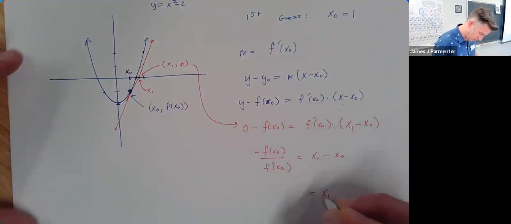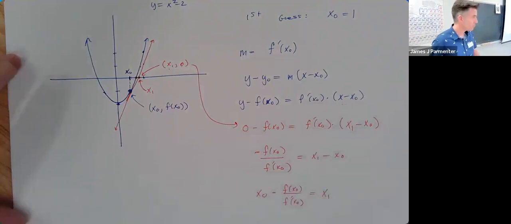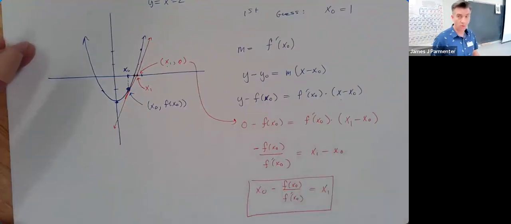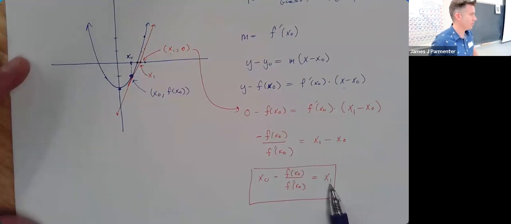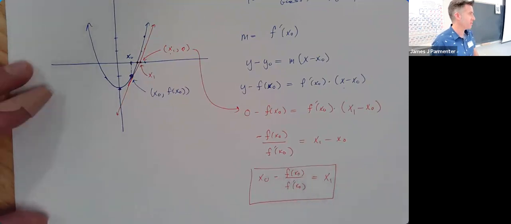So x1 equals x naught minus f of x naught over f prime of x naught. Or more generally, the next guess for your x value is your previous guess minus f of your previous guess over f prime of your previous guess.